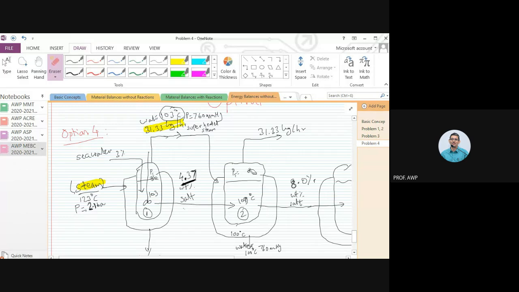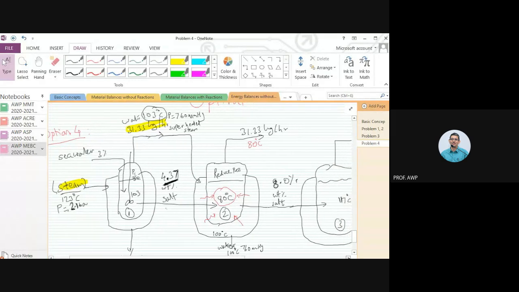So I need to reduce the pressure so that this water plus the 8% salt, according to boiling point elevation, boils at 80 degrees centigrade, so that I can maintain a 20 degree difference between the water that is at 103 condensing at 100 degrees centigrade and the boiling temperature. So this water vapor coming out of the second evaporator now will be at 80 degrees centigrade.